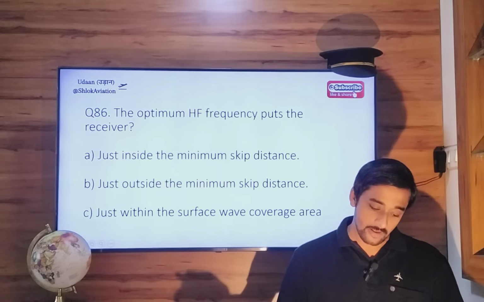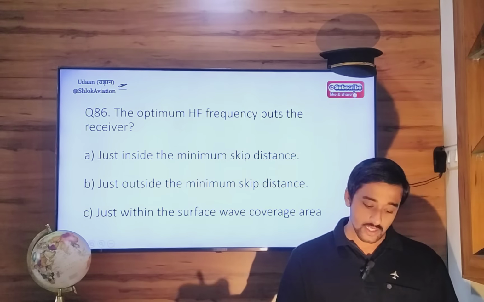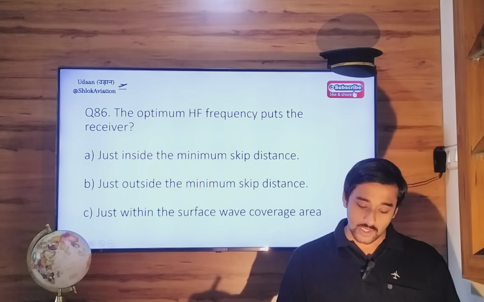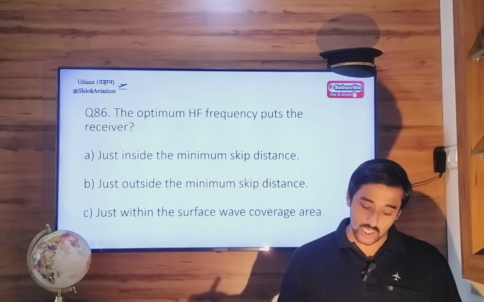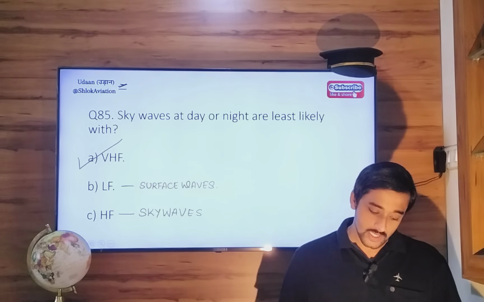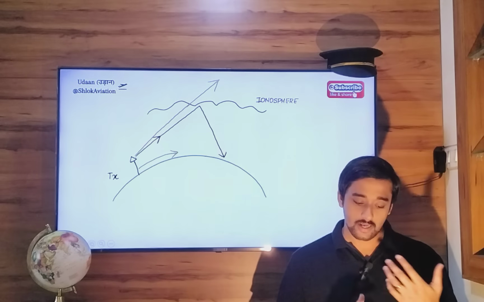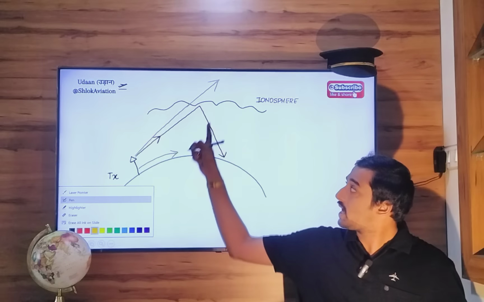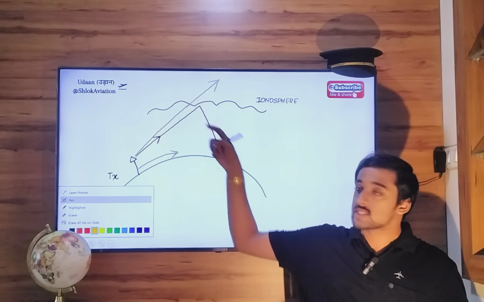The optimum high frequency puts the receiver just inside the minimum skip distance, just outside the minimum skip distance, or just within the surface wave coverage area. Now just now I drew this diagram of sky waves. This is the transmitter, this is the ionosphere, this is the returning wave.